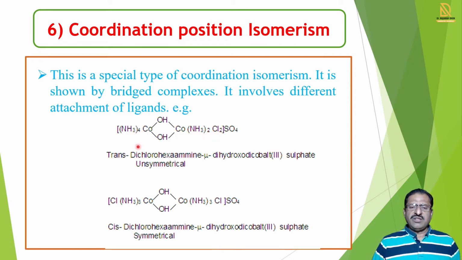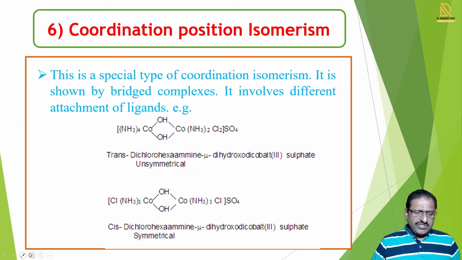So this is the trans structure when we see its geometrical shape, and its name is trans-dichlorohexaammine-mu-dihydroxodicobalt(III) sulfate. And this complex is an unsymmetrical complex.